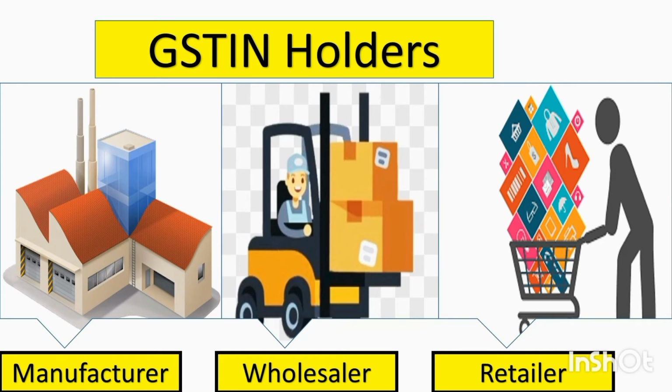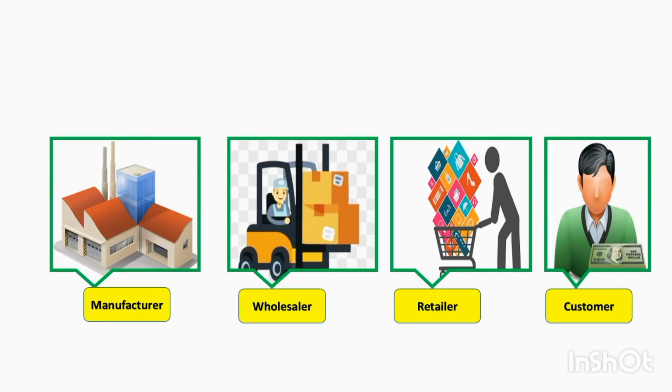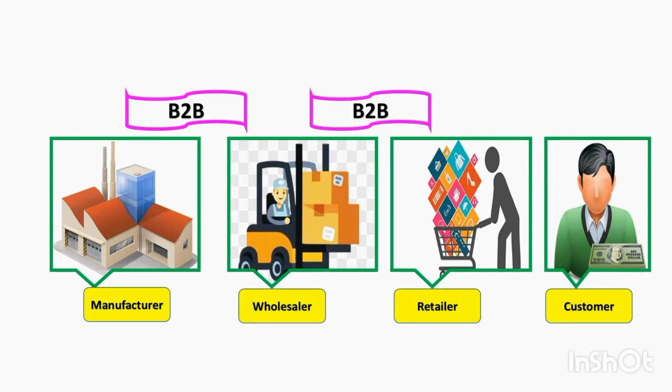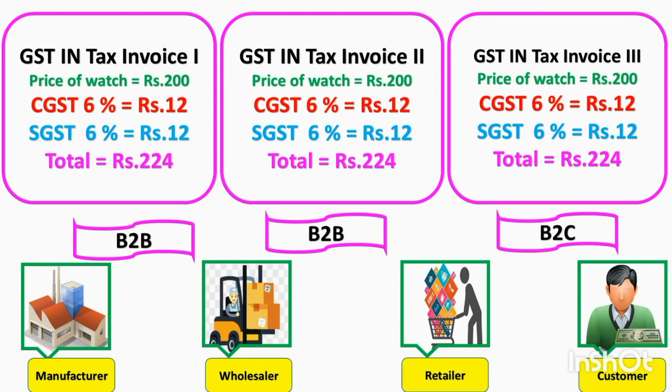So, the trading between GSTIN holders is known as B2B, means business to business, and the trading between GSTIN holders and customers is known as B2C, means business to customer.